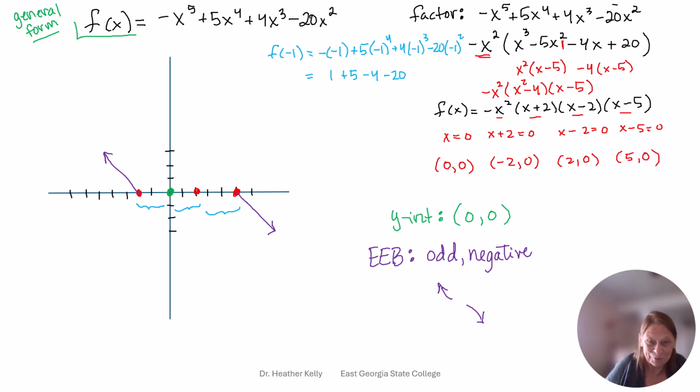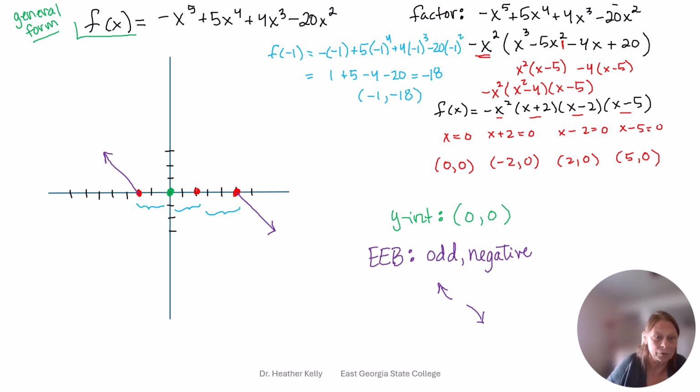This is so terrible. My arithmetic is awful some days. Some days it's great. So negative 24 plus 5 is negative 19 plus 1 is negative 18. So it looks like, unless I made a mistake, which I should tell you guys, my arithmetic is horrible, that should be our point there.